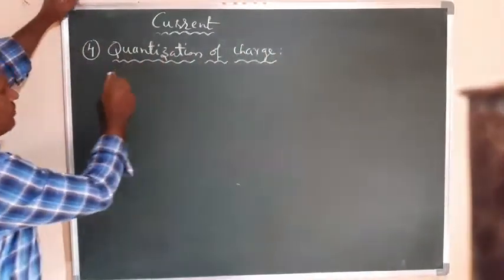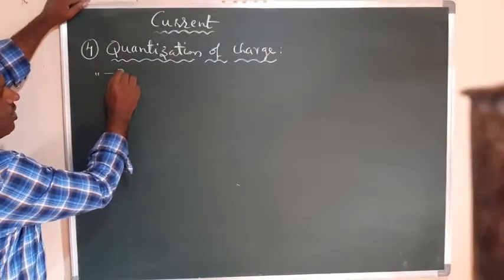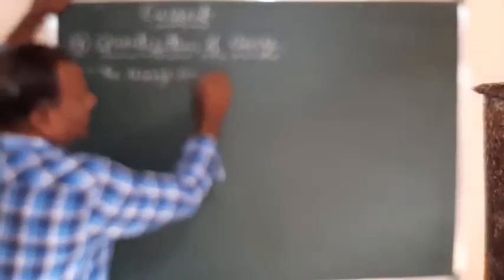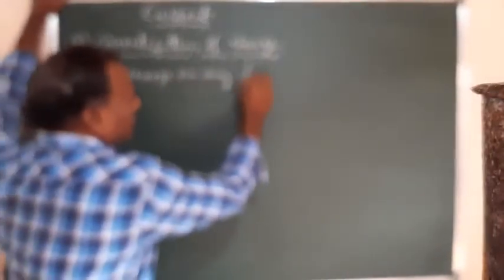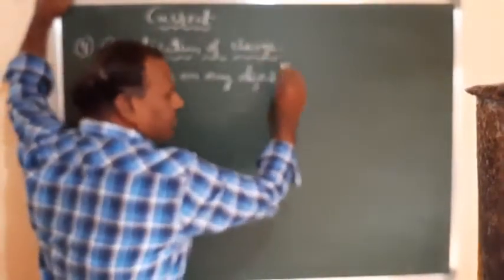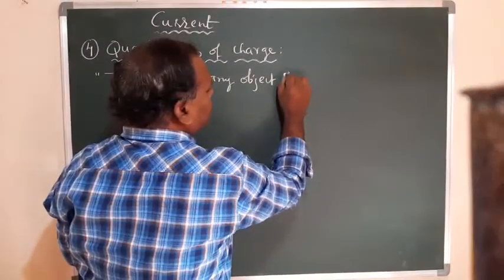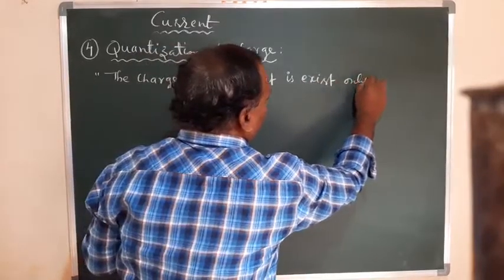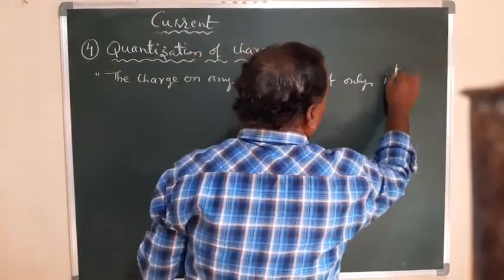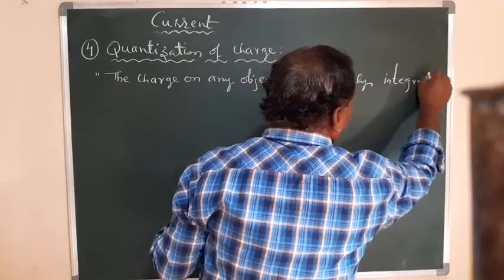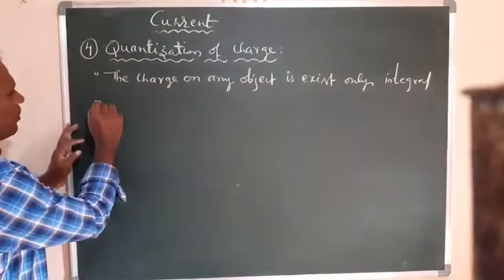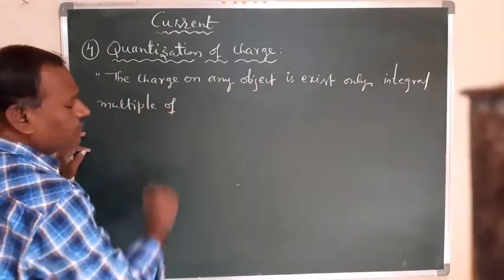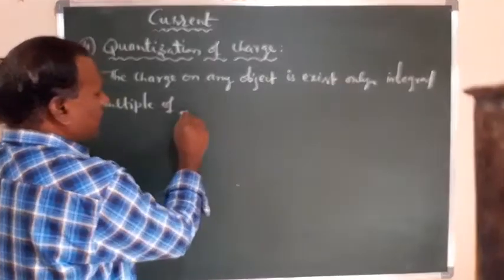So the statement is: the charge on any object exists only as an integral multiple of a small packet of charge.